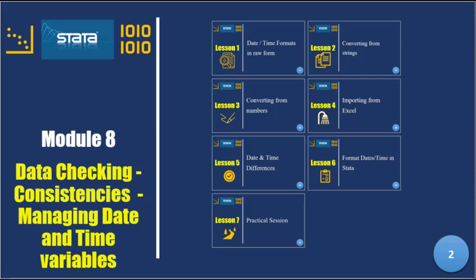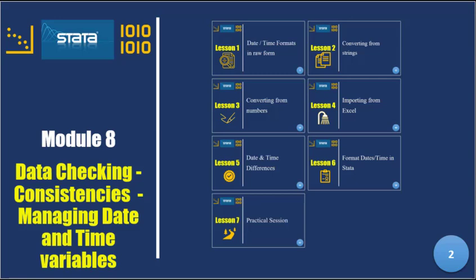Then we'll import date and time from Excel, just to know how it works. Then we're going to talk about date and time differences, very important, because that's the real processing that is done. And then how the format for dates and time happen in Stata. We're going to look at all this and end up with a practical session.